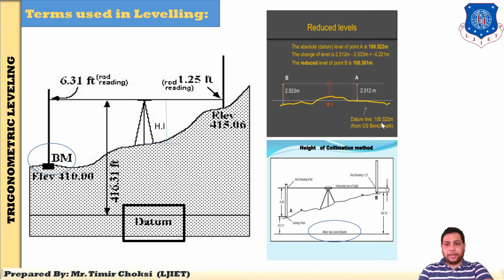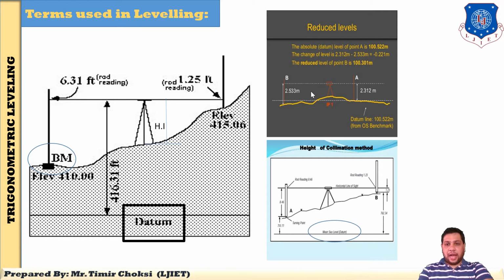The change in level is 2.312 meters, and the level of B is found using the dumpy level, and the heights of A and B are 2.312 and 2.533 respectively.